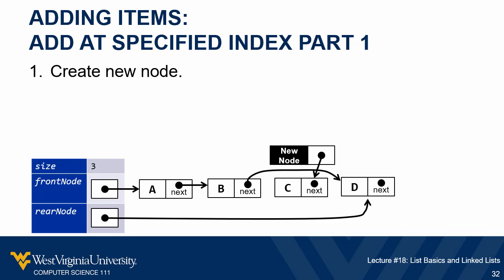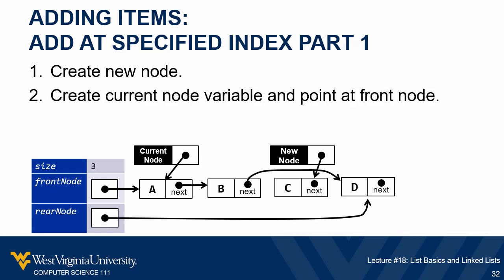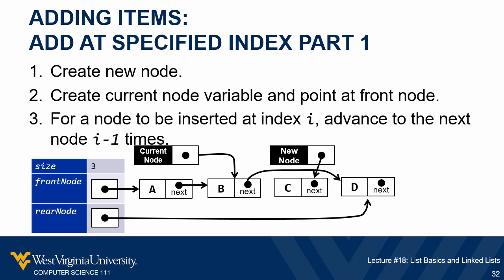Once I've done that, I'm going to have to figure out which node is the node before where the new node is going to go. So for that, I'm going to create a variable to keep track of my current node, and I'll initially point at the front, and then I'm going to advance down the chain index minus 1 times.